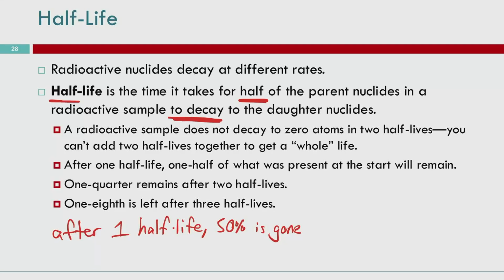If we go forward another half-life, this is the part that often confuses people. They think, okay, we've gone through two half-lives, if it's 50% each time, now it's all gone. That is not how it works. It's 50% of the amount that we had at the start of that half-life. So we went through one half-life, we went down to 50%. We go through another half-life, we cut the 50% in half. Now we're down to 25%.